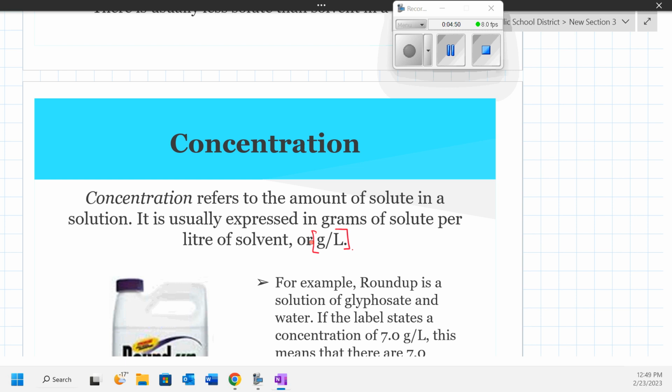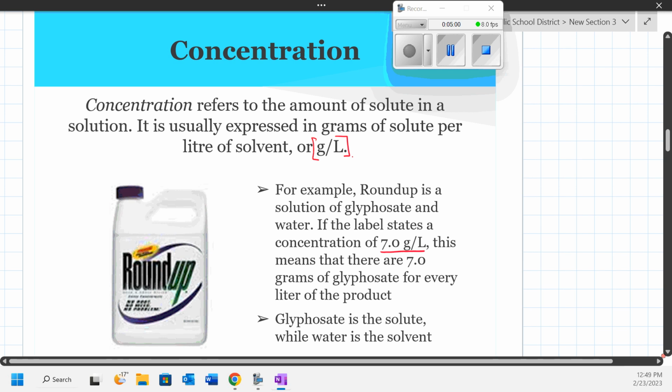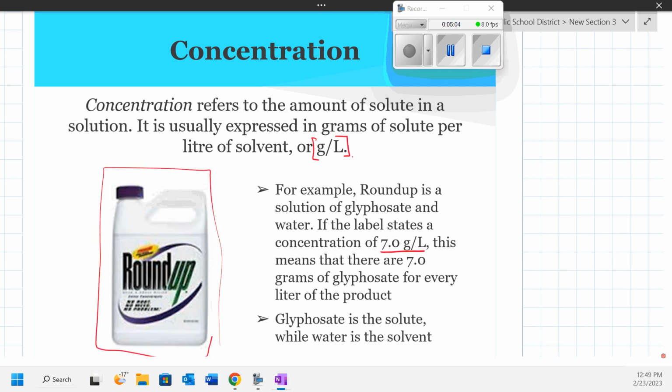So let's suppose that on the label we have a concentration of 7.0 grams per liter. This means that in this type of solution, you have 7.0 grams of, in this case, glyphosate in 1 liter of water.